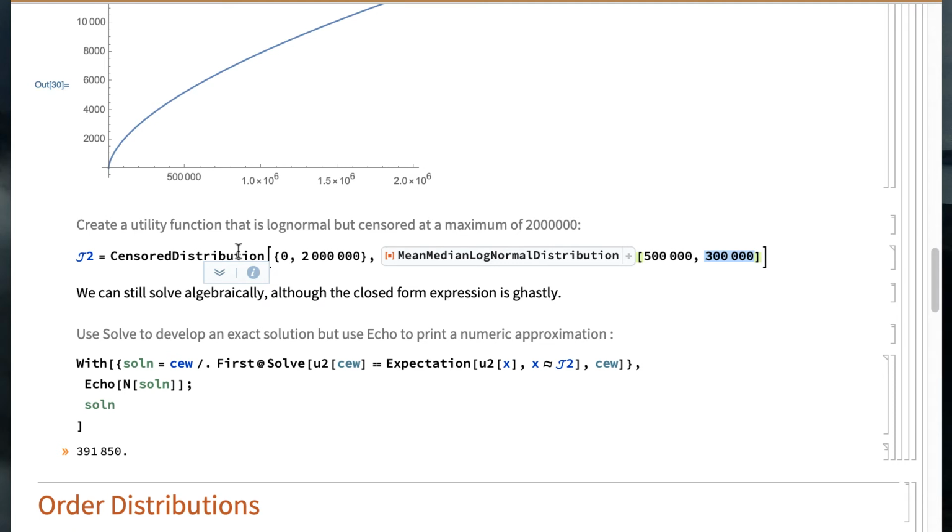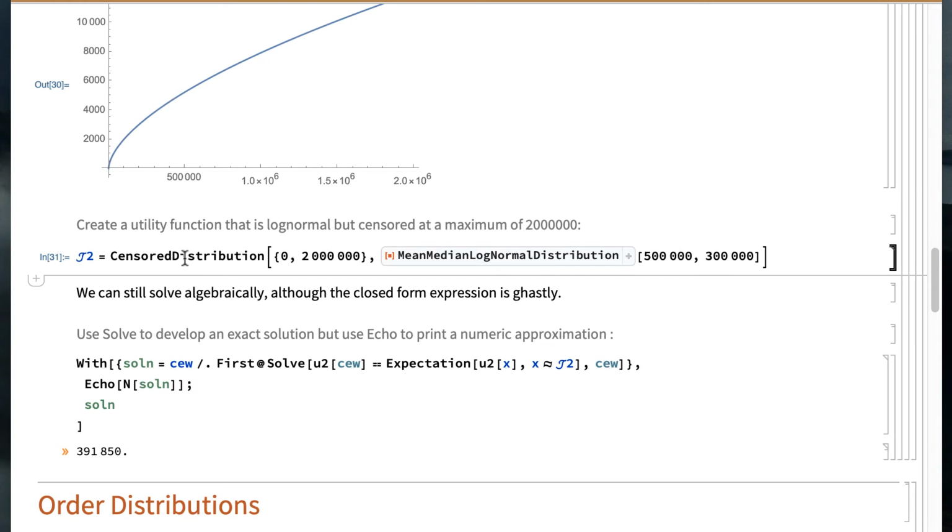Okay, you can't get more than $2 million. Maybe that's because there's some law that says you can't collect more than $2 million. Maybe it's because the defendant doesn't have more than $2 million. But there you go. This is our new judgment function, and I'm going to call it script J2.